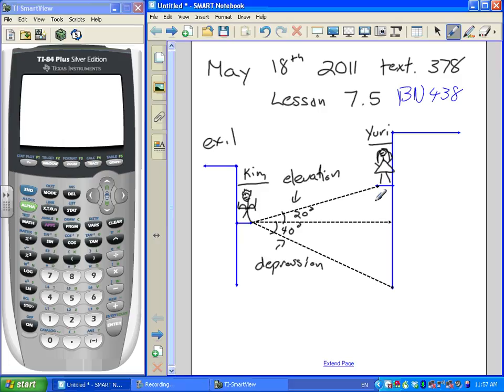Now, what we need to do is figure out how high Yuri's balcony is from the ground. Okay? So, in other words, I need to discover this height here and this height here. So, I have a right angle triangle and I have another right angle triangle.